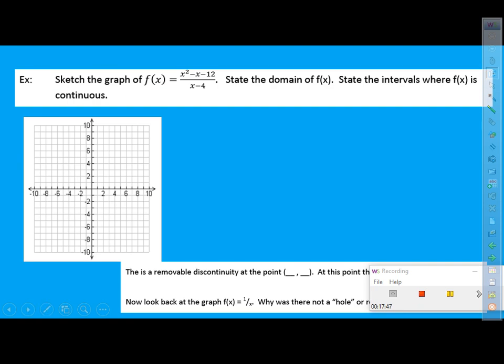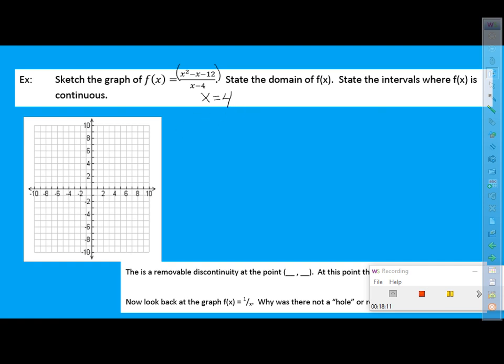If you would, come over to your next example there. If you would, graph x squared minus x minus 12 over x minus 4. Make sure you put that numerator in parentheses. And then while you do that, I'm going to mention a couple of things that I know. My denominator is equal to 0 at 4. So right now I know something's going to happen at 4.